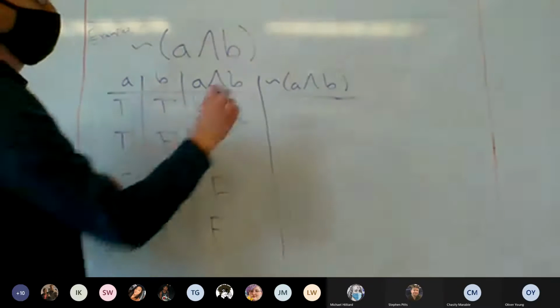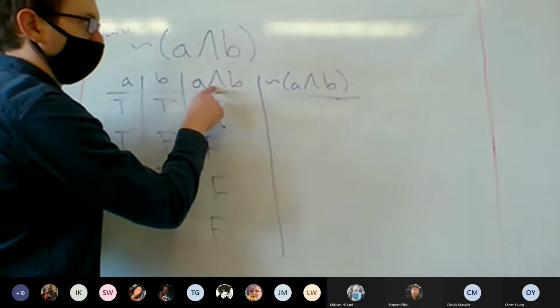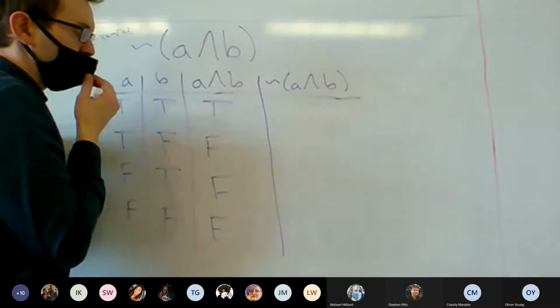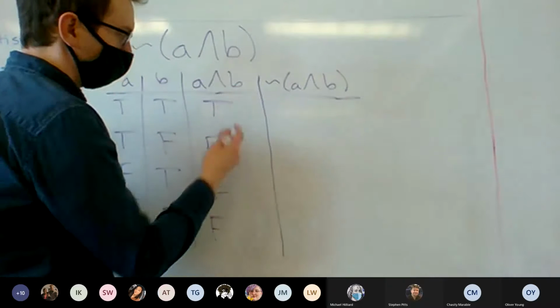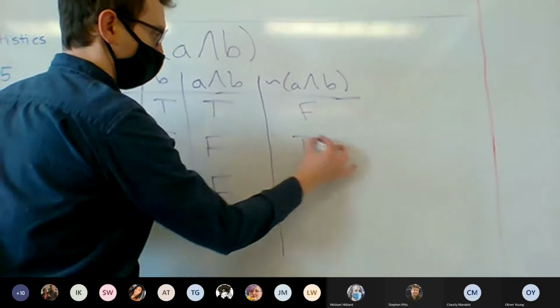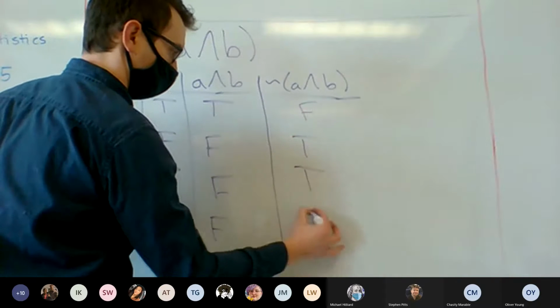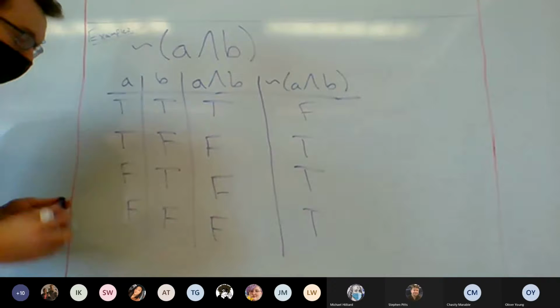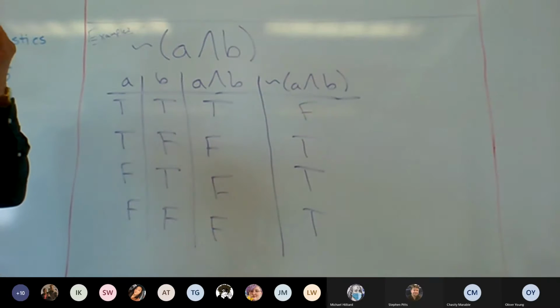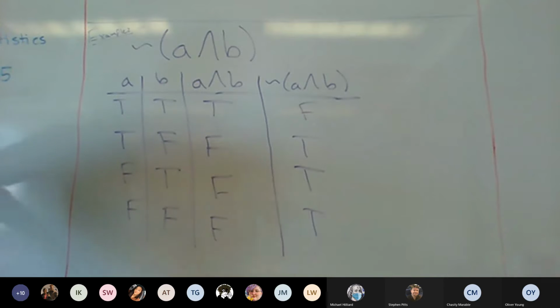Well, this column is just the negation of this column, right? Because that's its input, and I'm just going to negate it. So I'm literally going to flip this entire column to false, true, true, true. Yep, that's it.